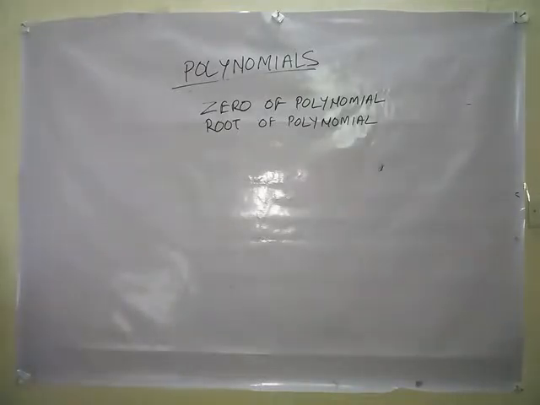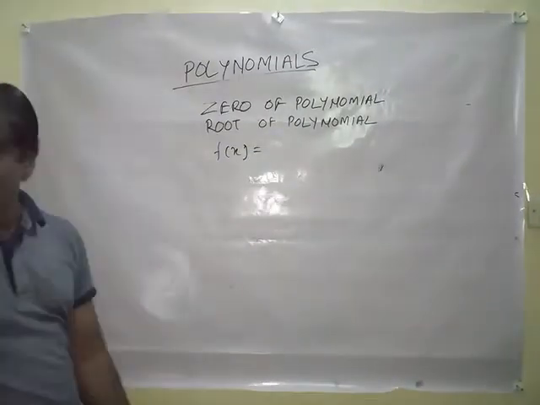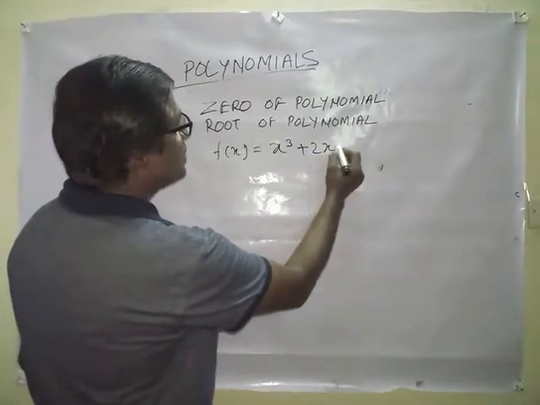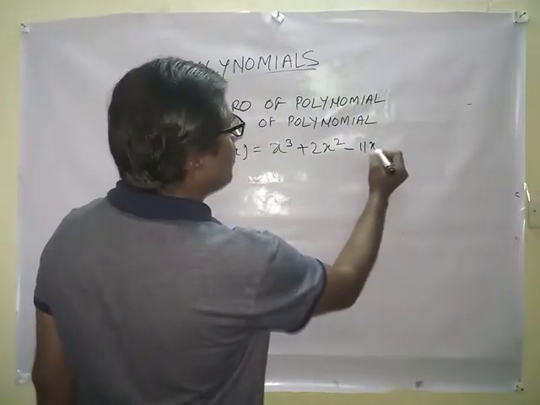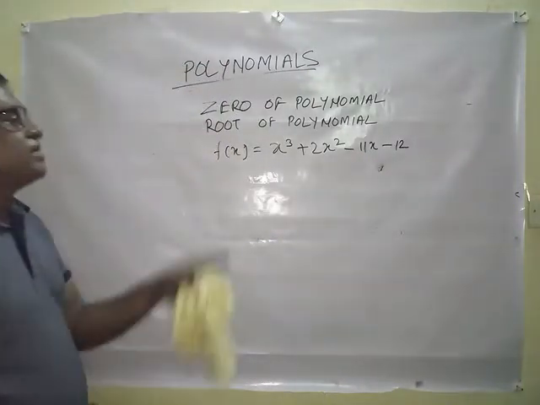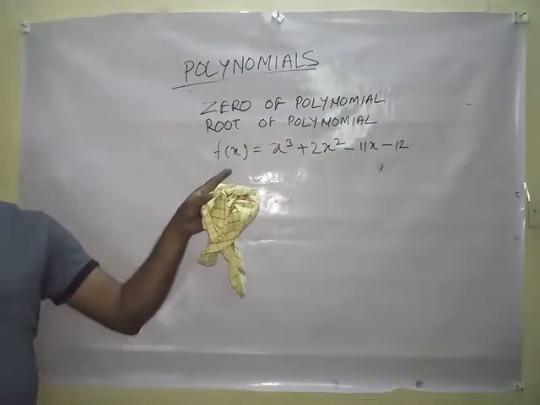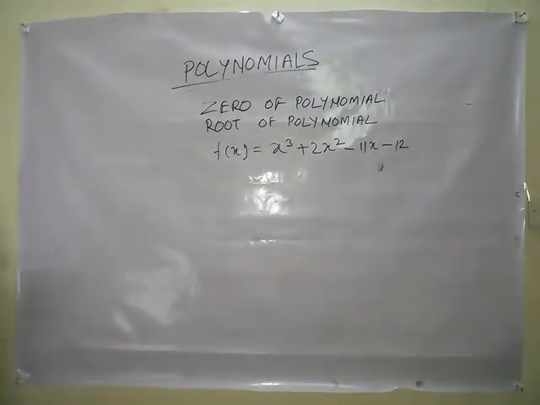If your polynomial equation f(x) is equal to x cube plus 2x square minus 11x minus 12, and it has an integer zero or root of this equation, how do we find that?